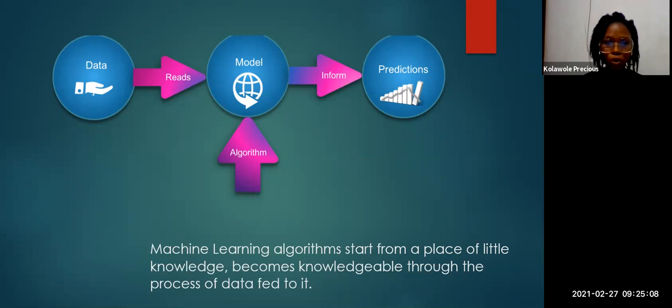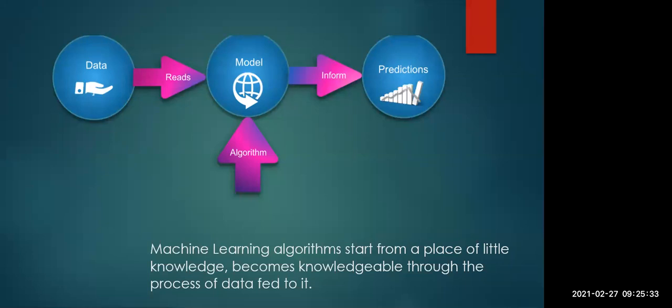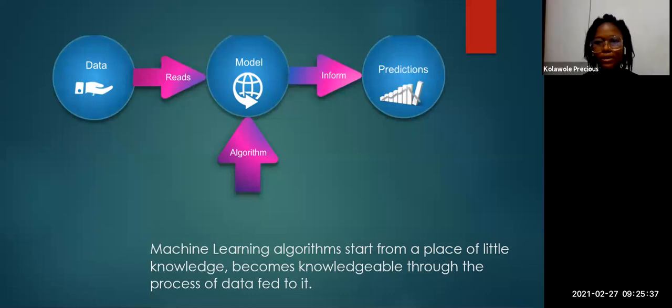So after being fed with the quantities of data, the algorithm needs to be told whether these images contain benign or malignant skin cancer, which is going to serve as the target variable. It's what we are making a crucial prediction on. So this machine learning algorithm will now start from a place of little knowledge and become knowledgeable, understanding better through the process of the data fed into it.